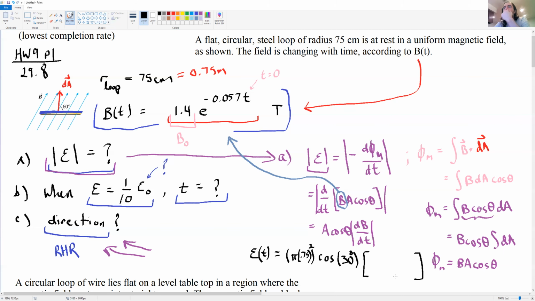Now, what is the derivative of B of t? What is dB dt? Calculate that real quick for yourself. How do we take the derivative of a constant times an exponential?